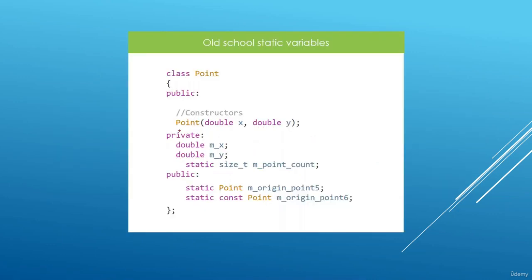Another way we can set up member variables of point here is to use static member variables like this. The static member variables can either be constant or not const. This is going to work because this is going to delegate the initialization of point at some later point in an implementation file or a CPP file, and the linker is going to look for this later when the program actually gets to run.